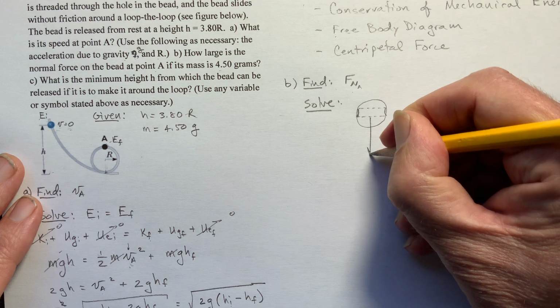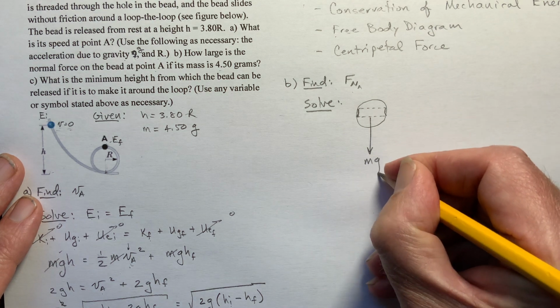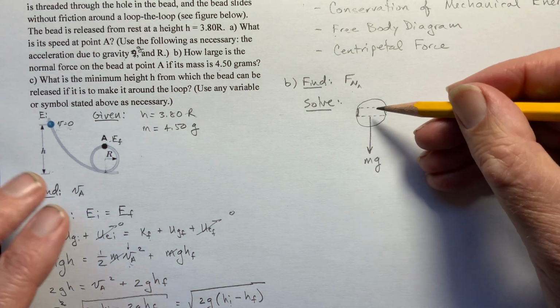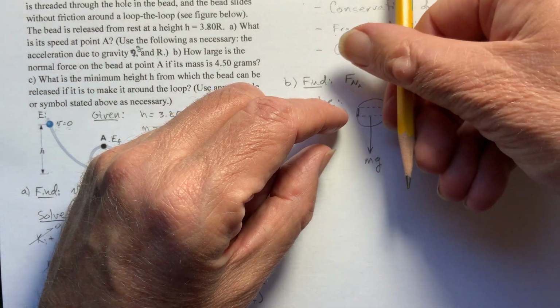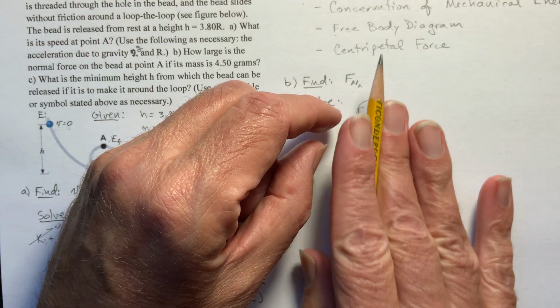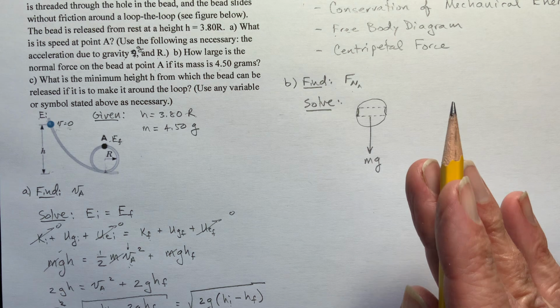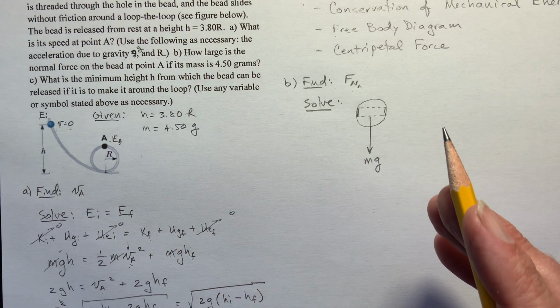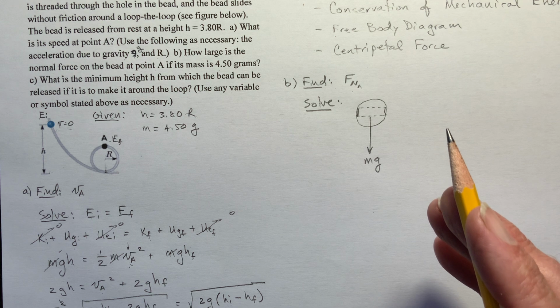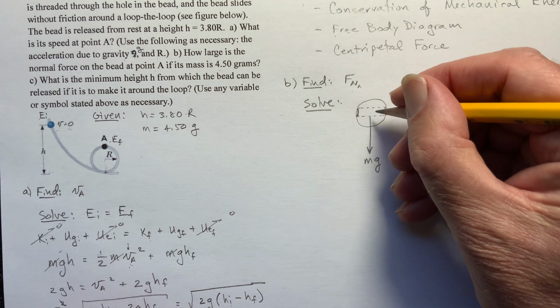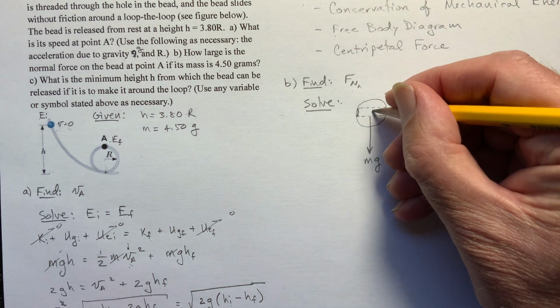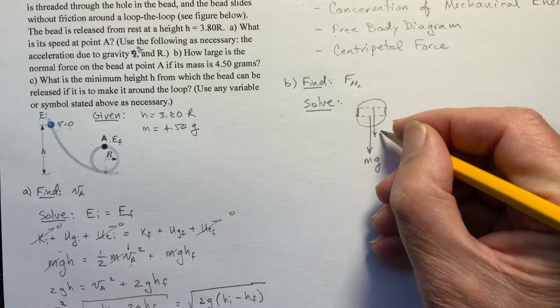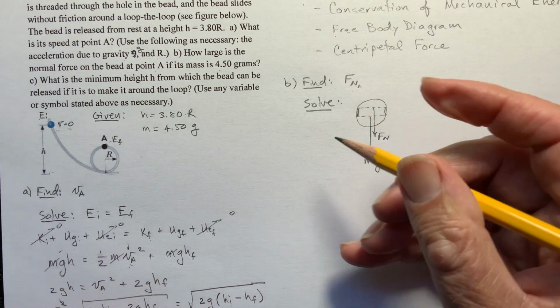Well, we've got gravity like this. And then we've got a choice. Is the normal force pushing down on it or is it pushing up on it? What I'm going to do is just guess. I'm going to have it go down. So I'm going to say right at this interaction, we've got a normal force that's pushing down on it like that.